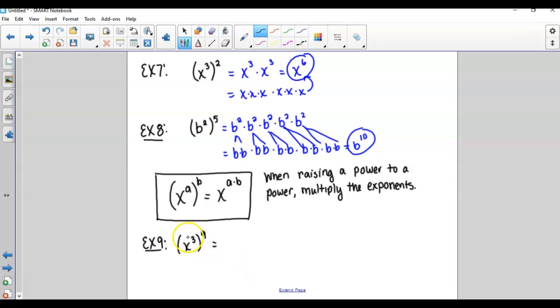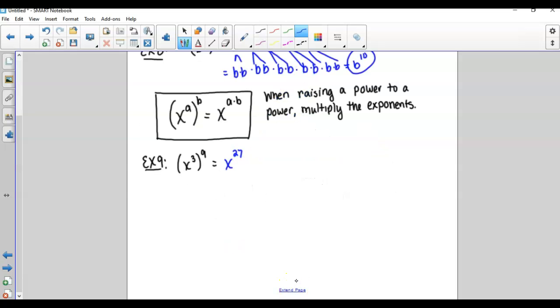We know we have a power to a power when we have an exponent, and then another little exponent that's even higher than that other exponent. So when we have this situation, we want to raise that power to a power, and we're just going to multiply the exponents. So this would be x to the 27th power here.